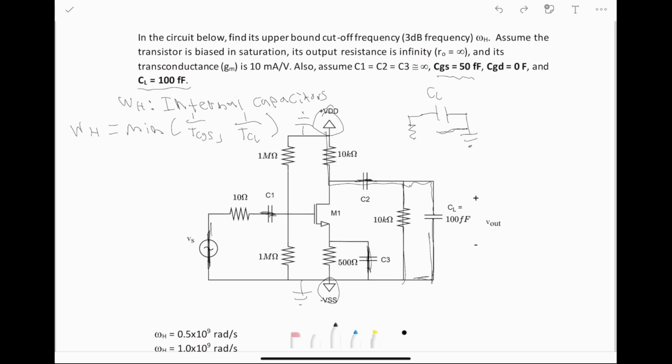So we have 10K to ground and then another 10K to ground. I could have drawn that cleaner from the start. Let me clean it up. And that's our circuit. You can see there's really nothing else going on here, so the resistance RCL is just going to be equal to these two 10Ks in parallel, which is 5K.